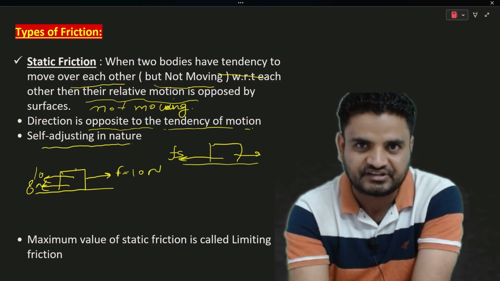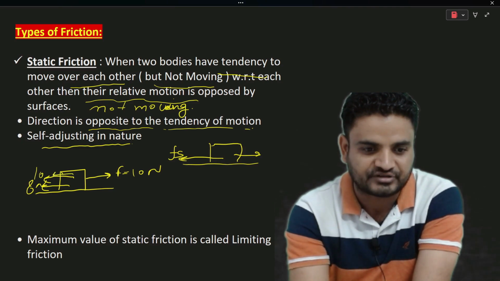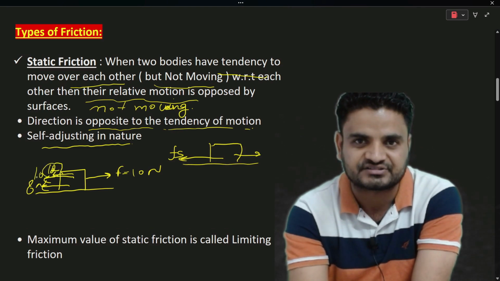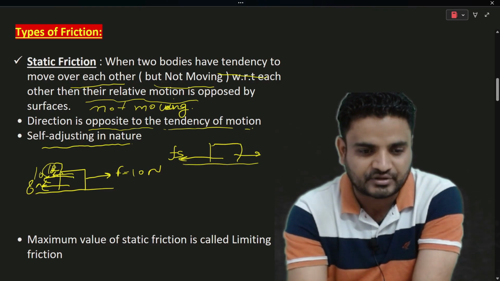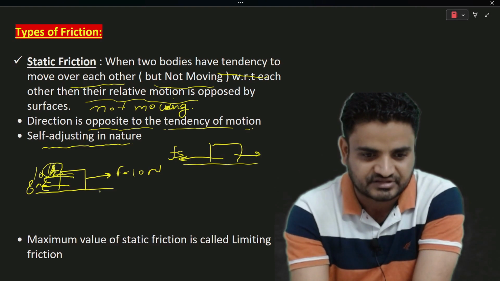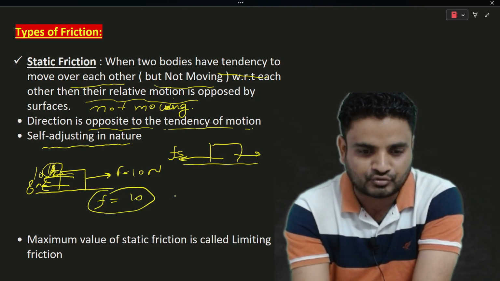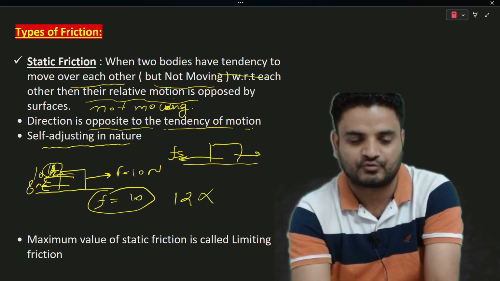So in this case there is a tendency of motion, but it will not move. If the friction force is more than 10, what will happen? Suppose 12. It does not mean the block will move in the backward direction. It means this 12 Newton force will adjust to 10. So our friction will be 10, not 12. Okay, this means it is a self-adjustable force.